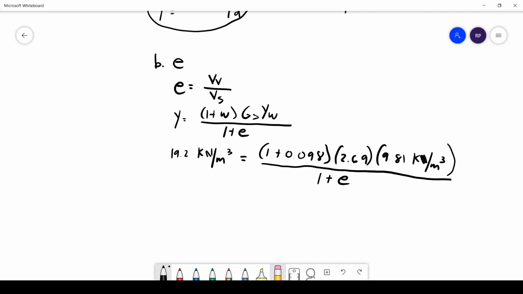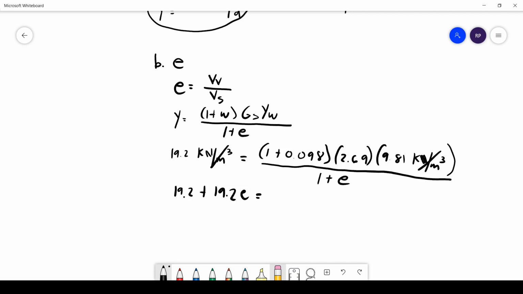Then we simplify. So 19.2. I can cancel this one. Ayan. So 19.2 plus, so dinistribute ko na. So that is 19.2 E. That is equal to 1 plus 0.098 lang.